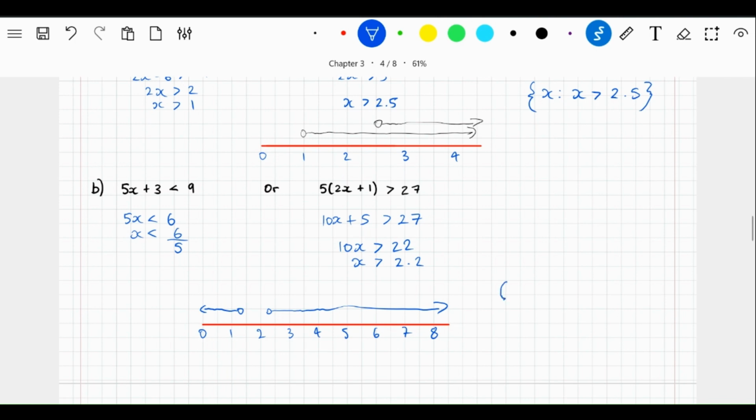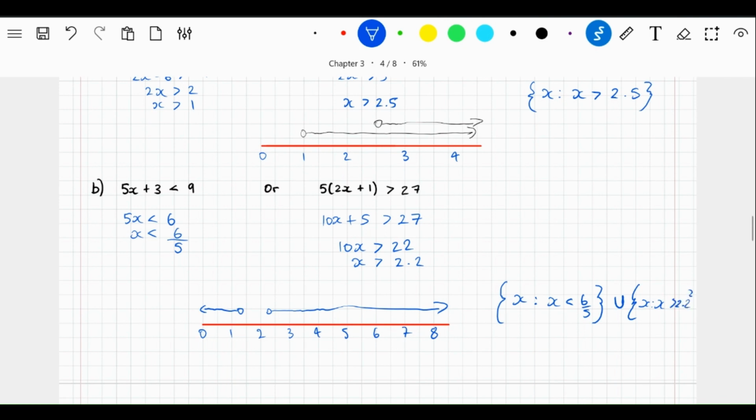So if we do our little curly bracket, we're going to do x colon, and then we're going to say x is less than 6/5. And then we do another curly bracket, not the best curly brackets. And then we're also going to do this sign, which is the or sign. And we're going to do the same thing for this one here, so it's going to be x colon x is greater than 2.2.